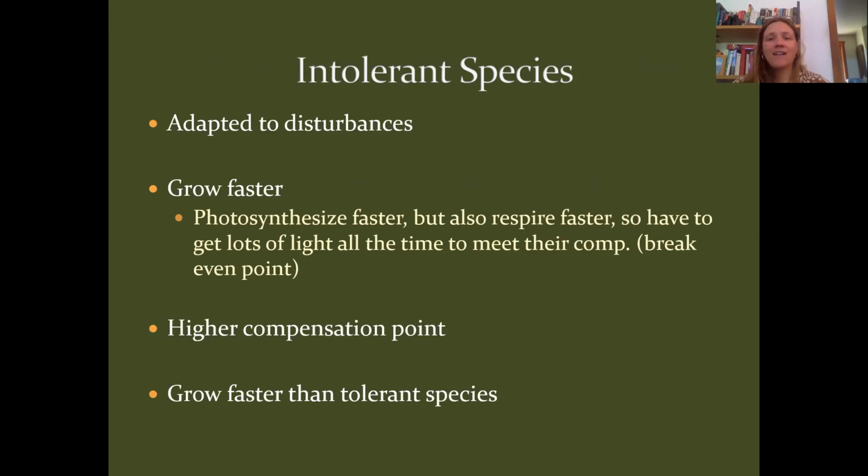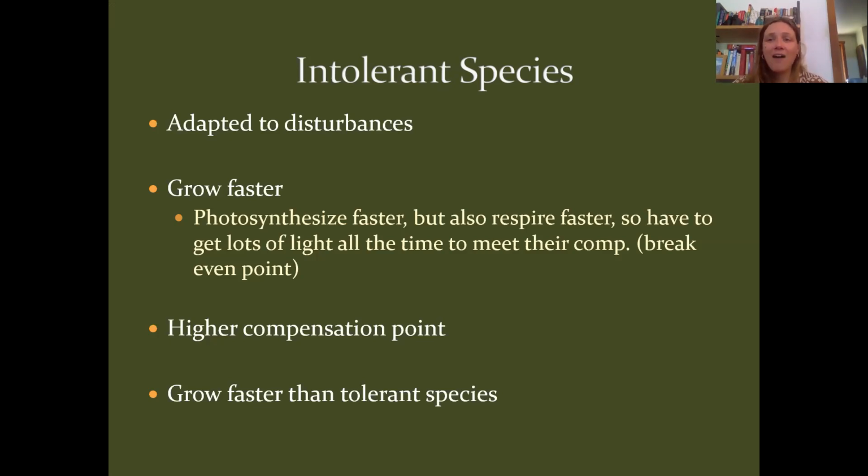But the fact that they can photosynthesize faster is facilitated by the fact that they have more cells, more complex cells that require more energy to maintain. So they also respire, they use up energy faster than their tolerant counterparts.